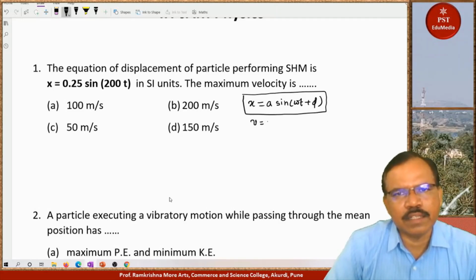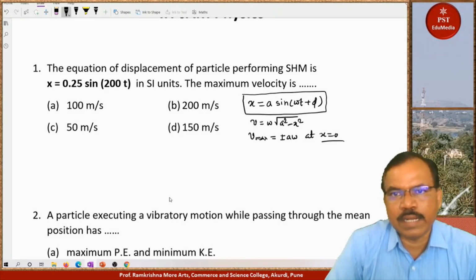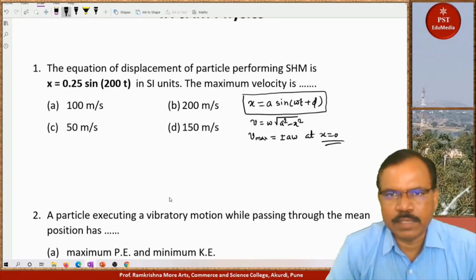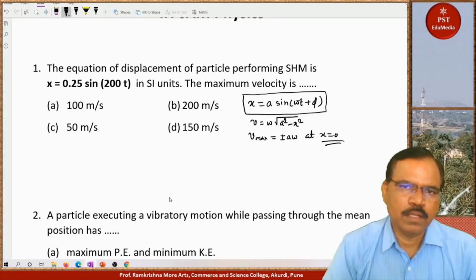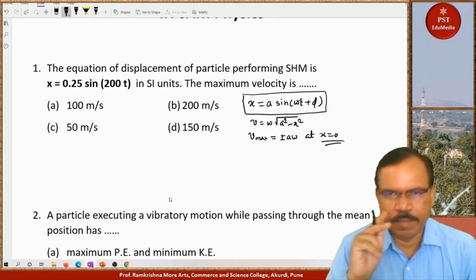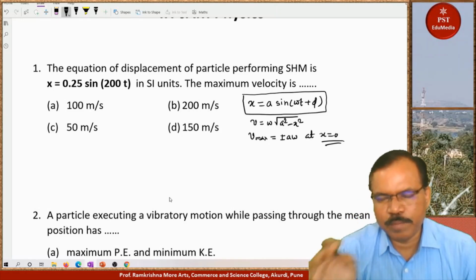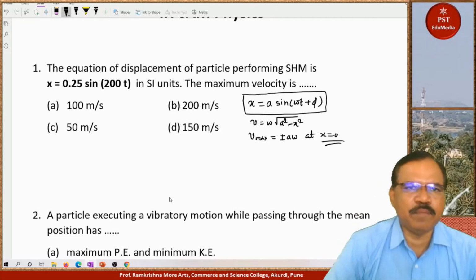Velocity we have seen already: omega under root a square minus x square. And V max is equal to plus or minus a omega at x is equal to 0. We have already seen this in our theory. So Vmax is a into omega. So if we know omega and if we know a, we can find Vmax.